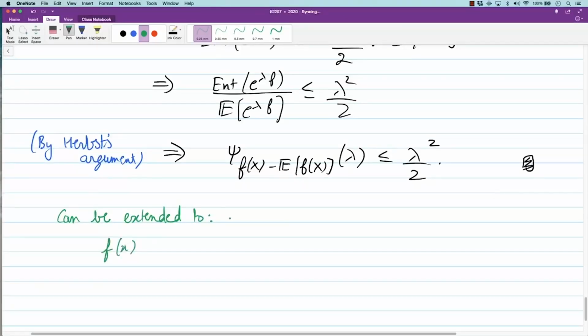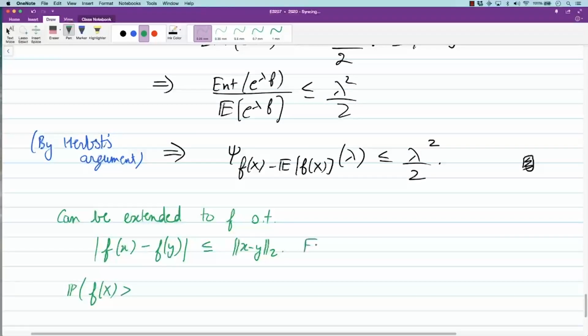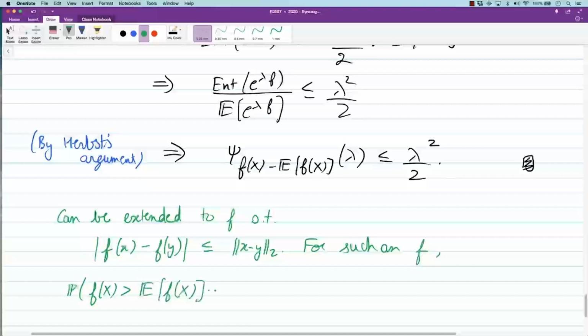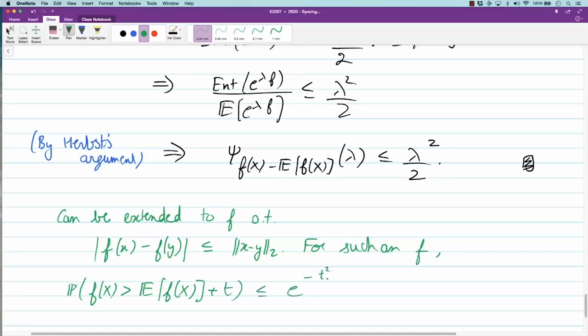So if you have an f such that |f(x) minus f(y)| is less than or equal to the norm of x minus y, then for such an f, the probability that f(x) is greater than the expected value of f(x) plus t, we assume that this exists, is less than or equal to e to the power minus t squared by 2.